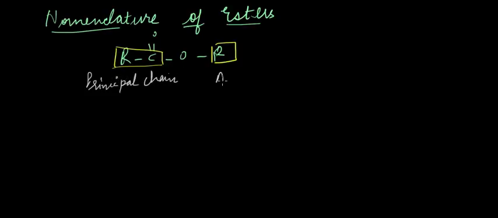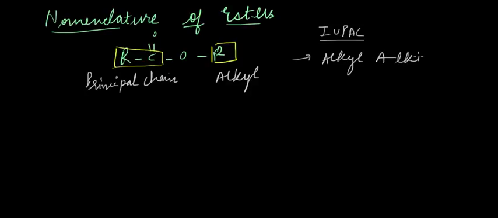Now the standard which we use in the IUPAC name for this type of compounds is alkyl alkanoate. This is the suffix we use for the esters. So the alkyl word is derived from the R dash carbon and alkanoate is for the principal chain carbon atoms, right?